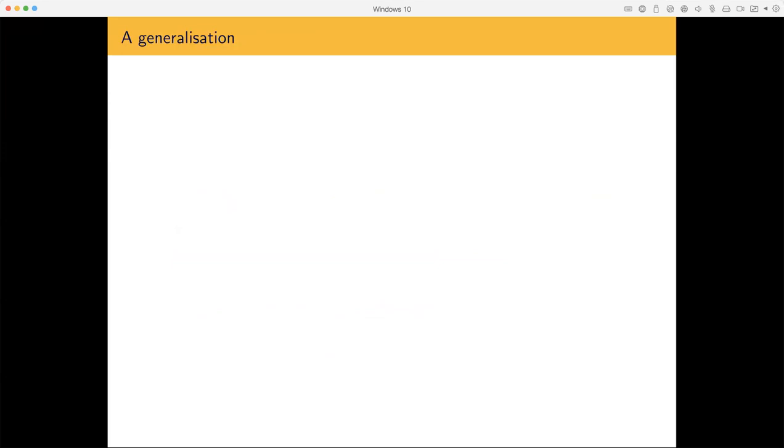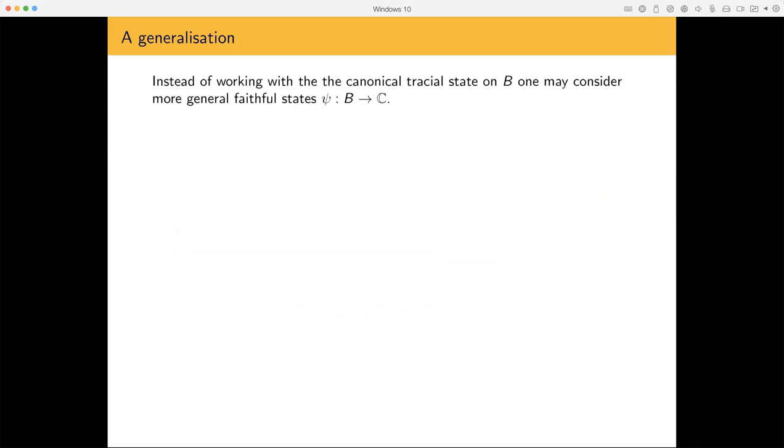But before doing that, let me quickly mention one generalization. I already hinted at that in the definition: instead of looking at this canonical tracial state, which comes automatically with our algebra B, one can look at other states, and that can be interesting. If one thinks in terms of quantum groups, that's actually very interesting.